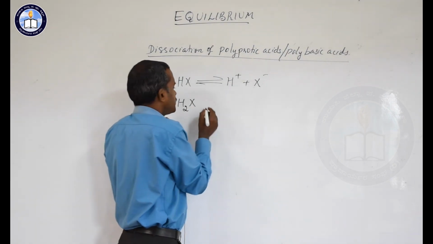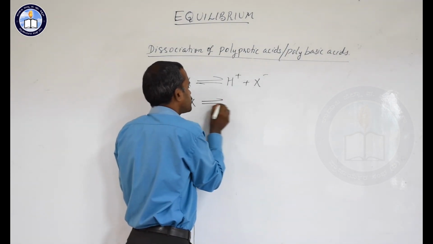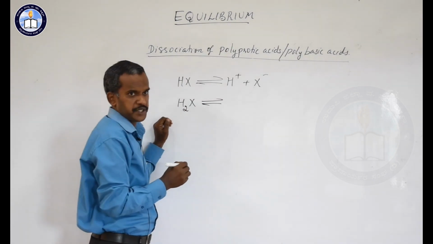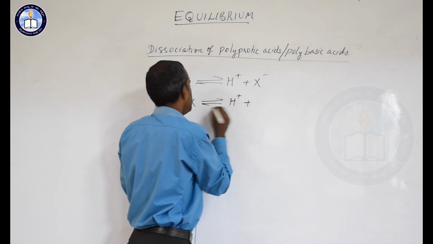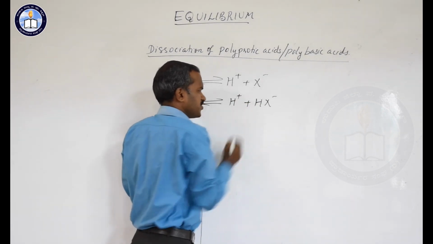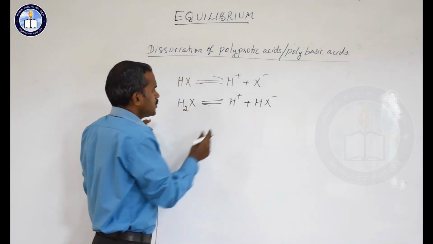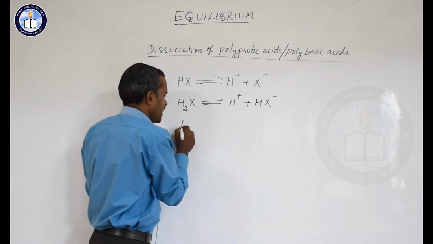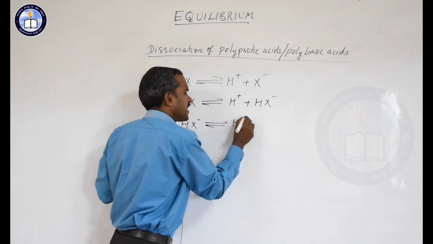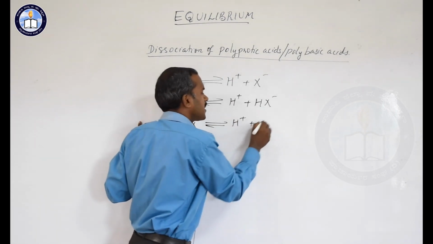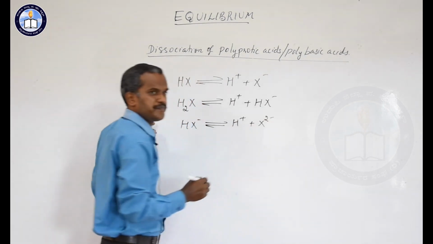So how can I write this equation? This H2X on first dissociation will produce one H plus, then it will form HX minus. That HX minus again dissociates to produce a second proton and then becomes X2 minus.